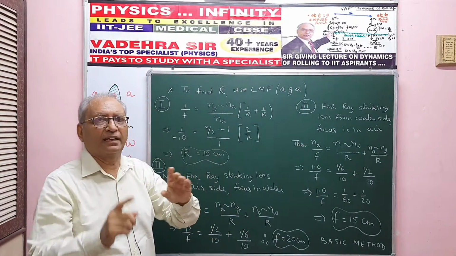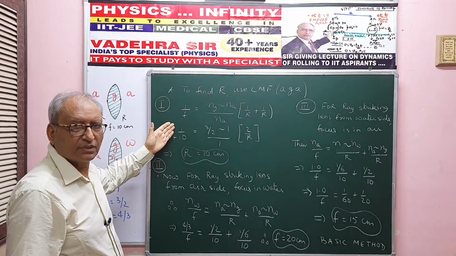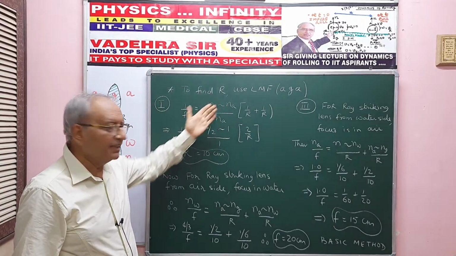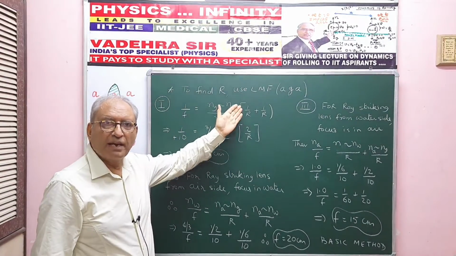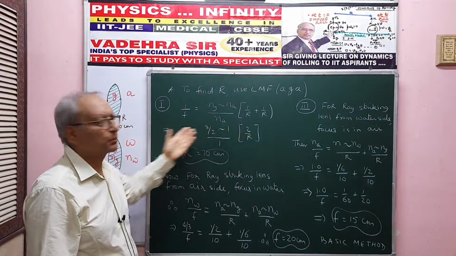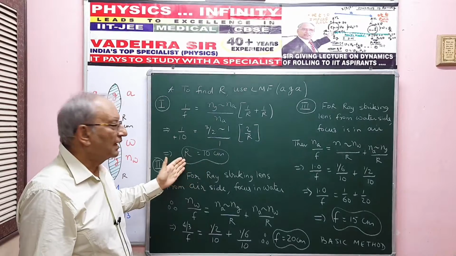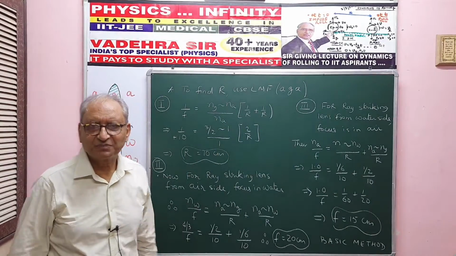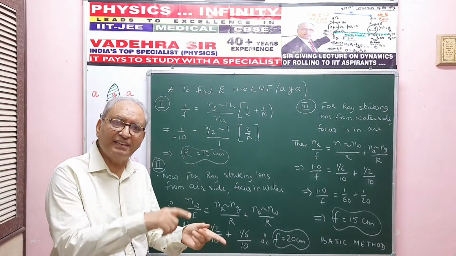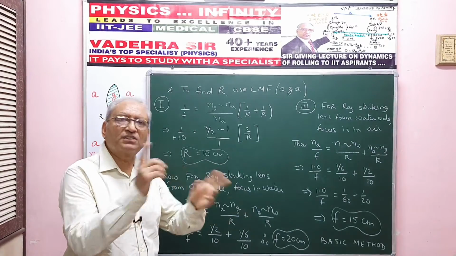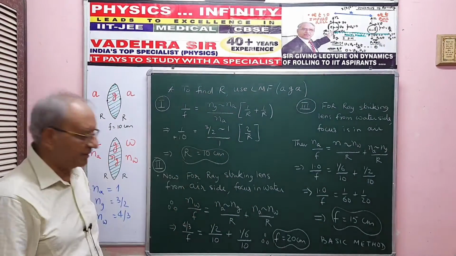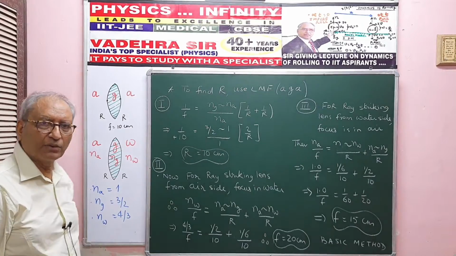Glass lens kept in air. So 1 by F is (Ng minus Na) upon Na into (1 by R plus 1 by R). Put the values. Ng is 3 by 2. So that gives me R as 10 centimeter. Focal length in air is 10 centimeter and the radii of both surfaces are also 10 centimeter. Keep it, I'll need it now.